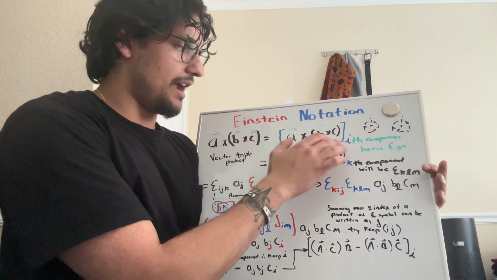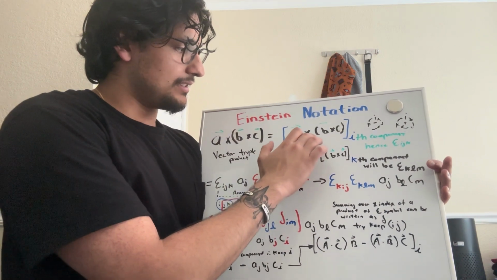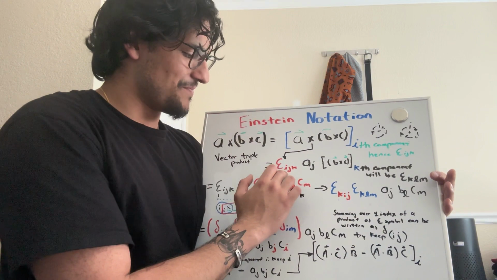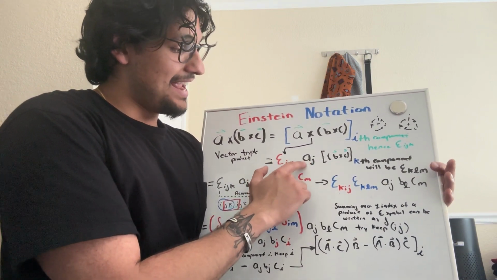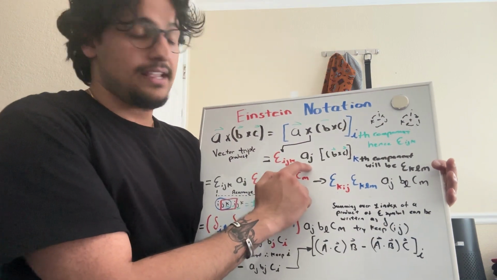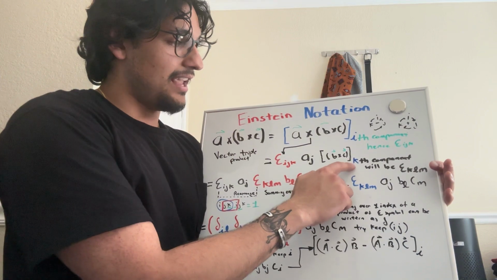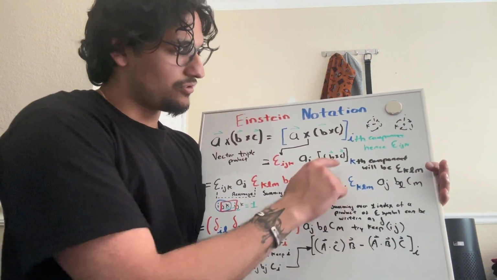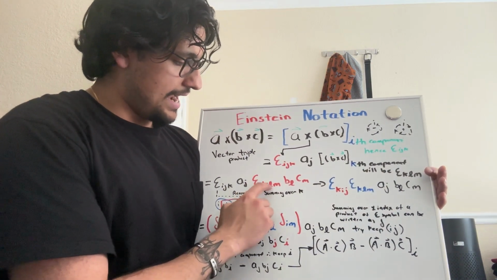Then we can write this cross product as a Levi-Civita symbol, epsilon IJK, where the A is J, not I, and the cross product of B and C is the K component. This cross product can also be written as epsilon KLM.